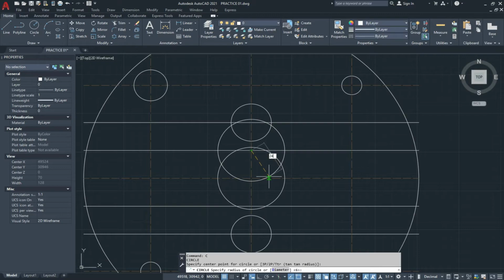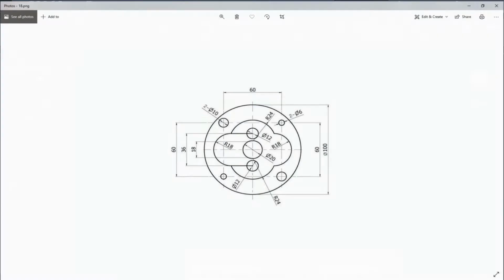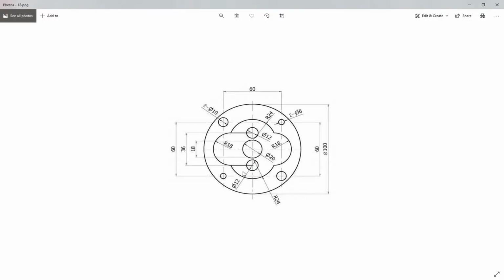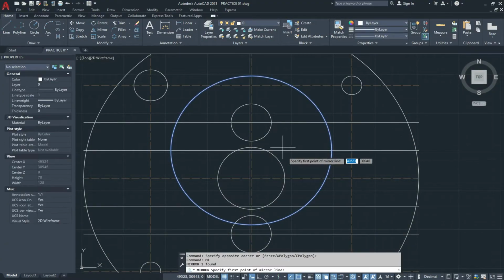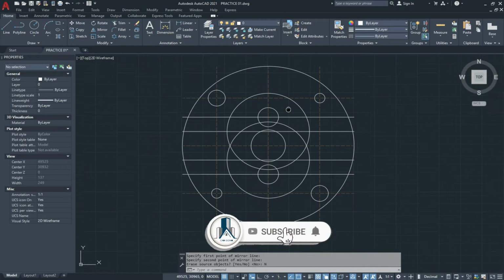The radius is 24 units. And click on no.